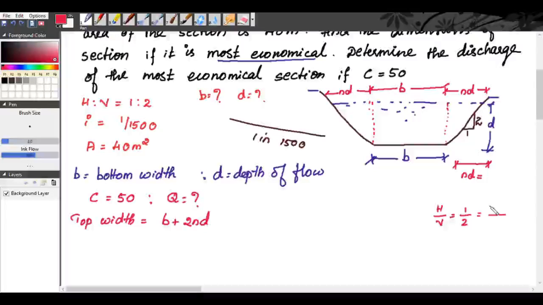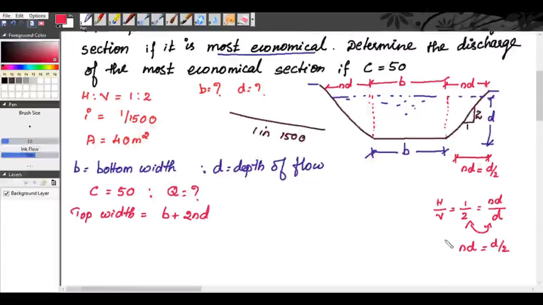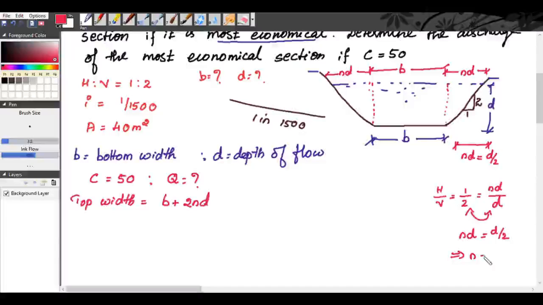Now horizontal is nd and the vertical is d. Equating these both, we get nd is equal to d by 2. From which we get n is equal to 1 by 2.